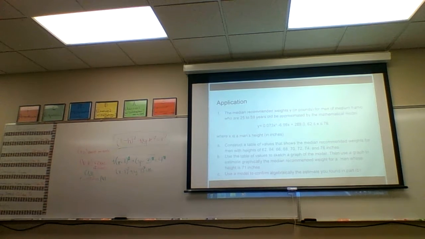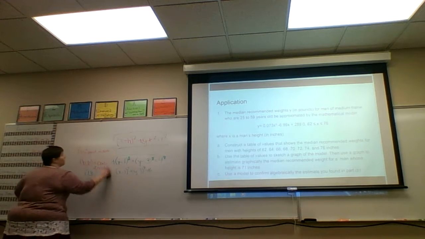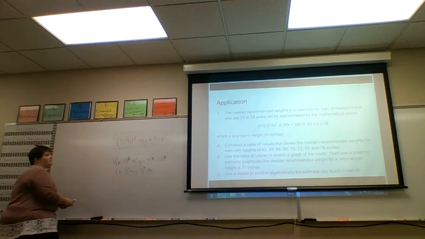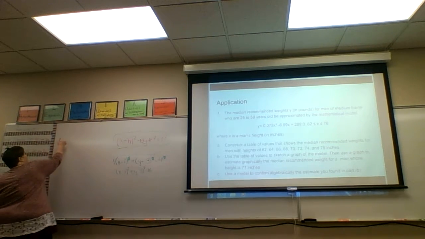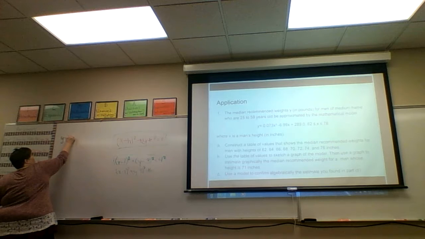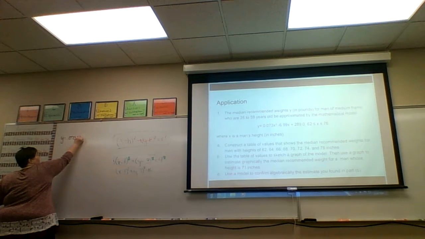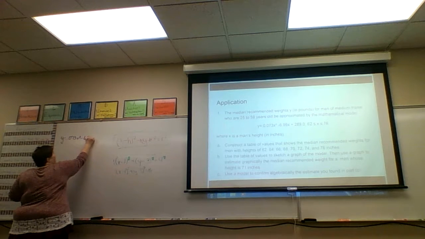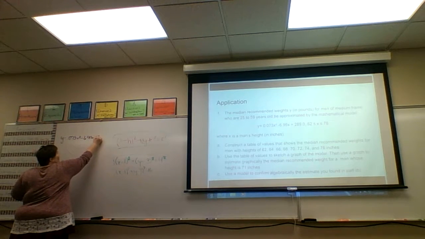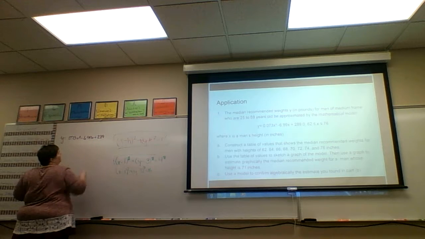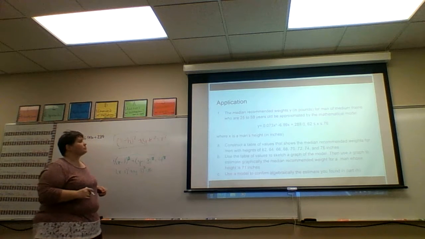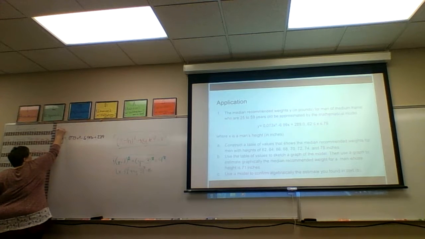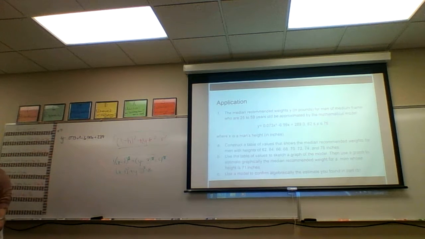All right, so let's do 71 inches. Okay, using that particular mathematical model equation, for x, I'm going to put in 71 because that is how tall the man is, 71 inches.